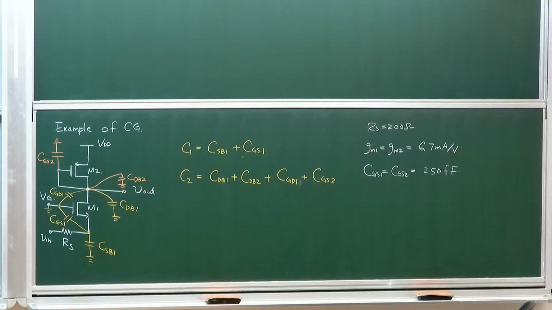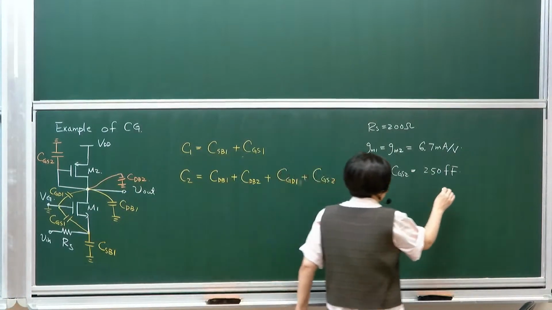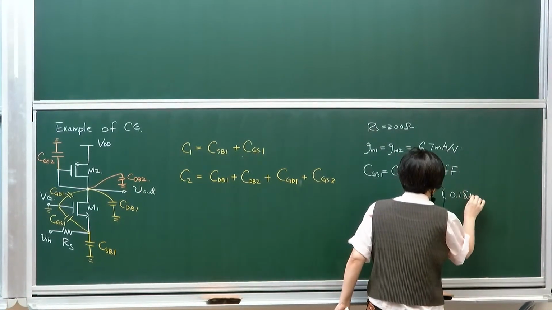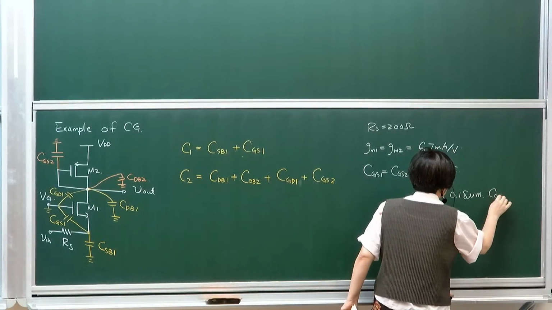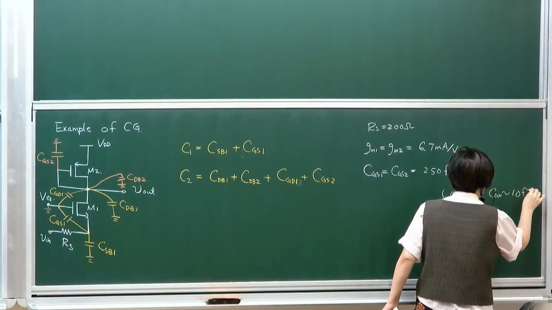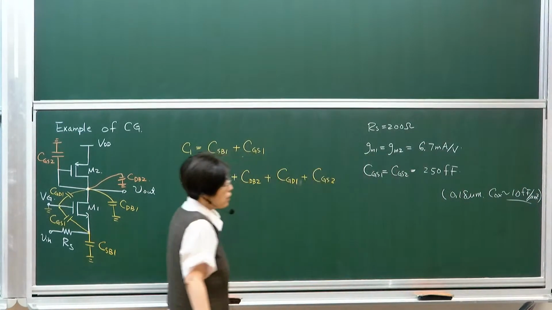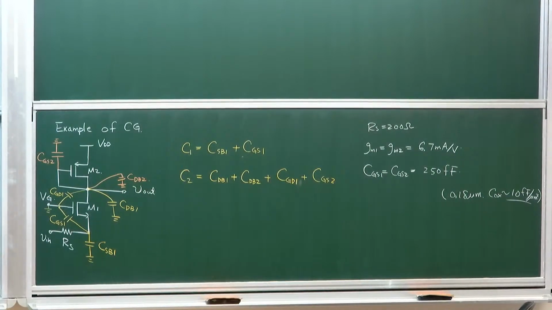Once again, the typical parasitic capacitance, as I already alluded, in advanced technology, for example, if you're using 0.18 micron technology, your Cox is at a level of approximately 10 femtofarad per micron squared. So your typical values are maybe tens of femtofarad to 100 femtofarad. If you ever calculate capacitance in the nanofarad, microfarad range, those are big capacitances.